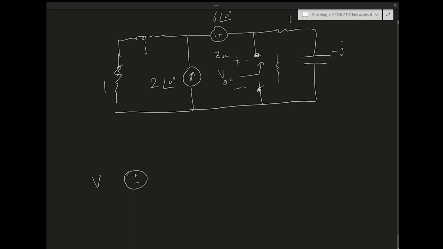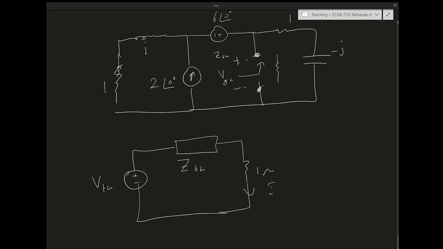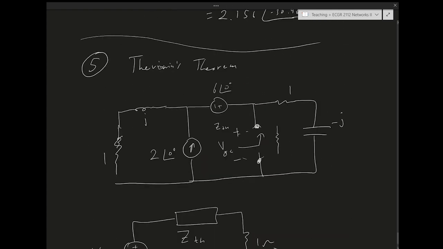So I have V Thevenin, and then I have Z Thevenin, which I'm drawing as a box because it could be a complex impedance. And then the 1 ohm is there, and that allows me to calculate IO.